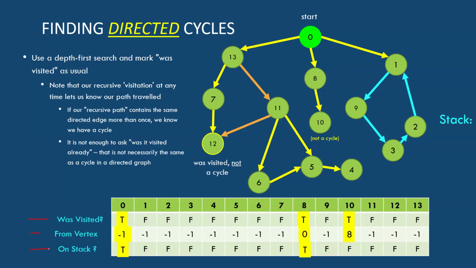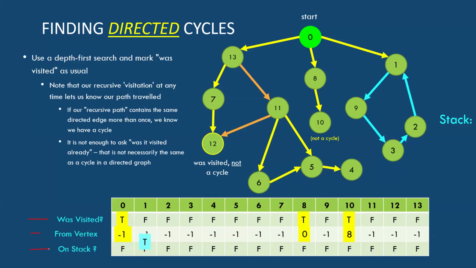So I clear out my recursive stack markers. The stack in this case is just, is it currently something that I have visited on my current journeys before I unwind? When I unwind, I clear out that on stack flag. Now I go back and try another child of zero because I'm still working from zero.